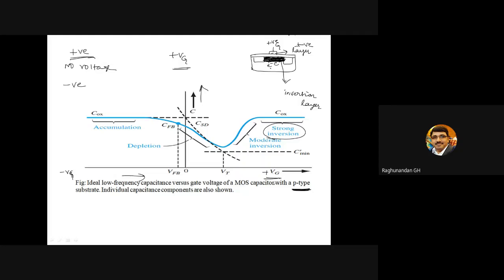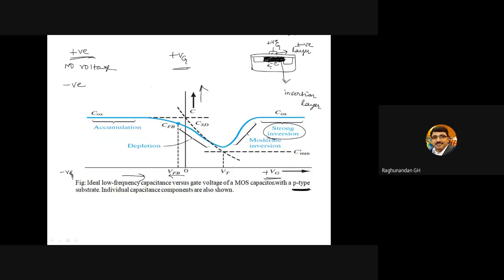Now, when you slowly decrease this Vg, the inversion layer will keep on decreasing. When your Vg goes towards 0, and after that it will start getting minus Vg.